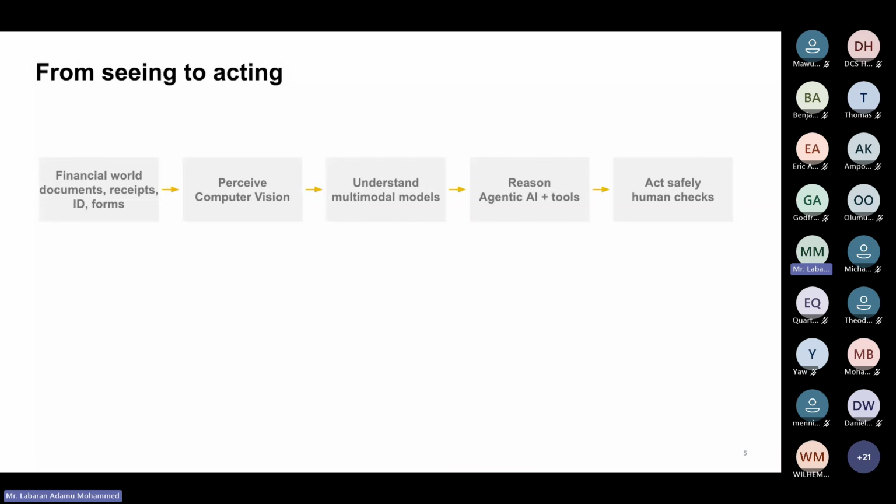You have an OCR model that reads the information on the receipt. You can have an agentic tool to reason about the data and act safely upon the receipt: is this a valid receipt, does it contain all the necessary information, can we approve it? So with AI agents, we move from just seeing to seeing and acting on it.